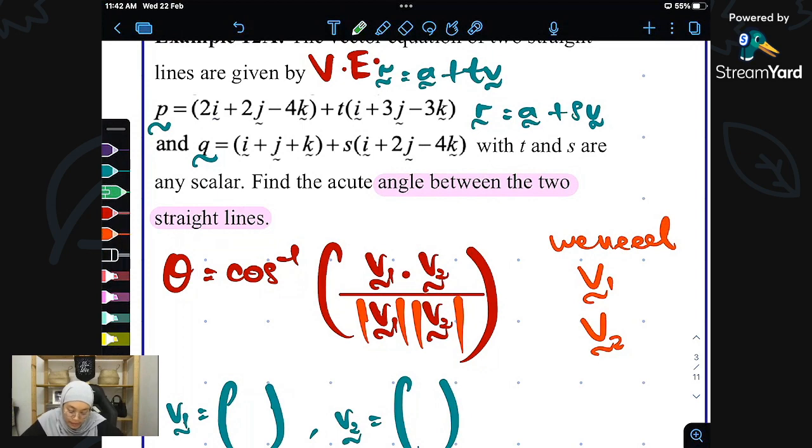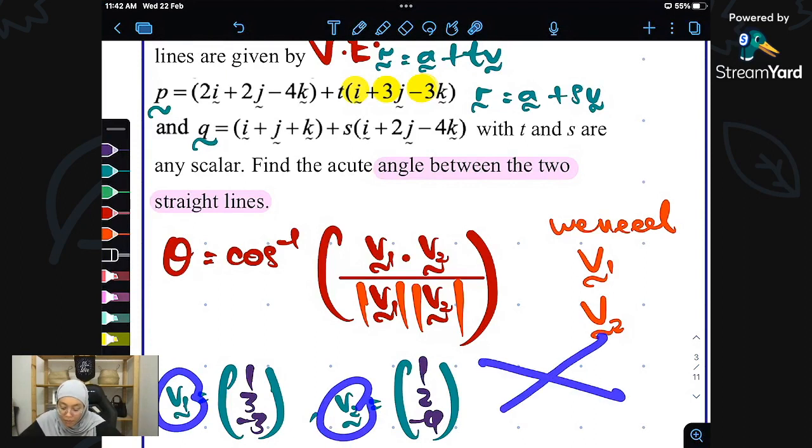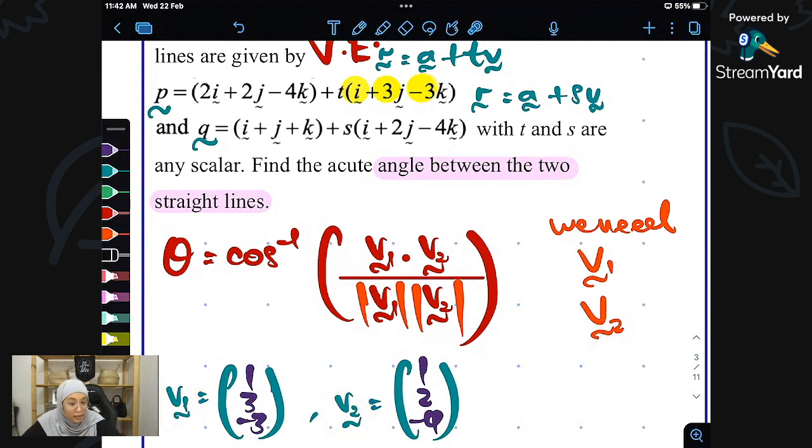So V1 here is 1, 3 and negative 3. It's from here, guys: 1, positive 3 and negative 3. And then V2, what do I have? I have 1, 2, negative 4. Of course they have different V because their directions are not parallel. If they were parallel, of course V would be the same. But this is different, so we have two vectors, V1 and V2.